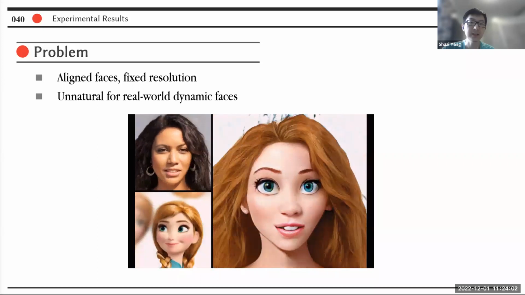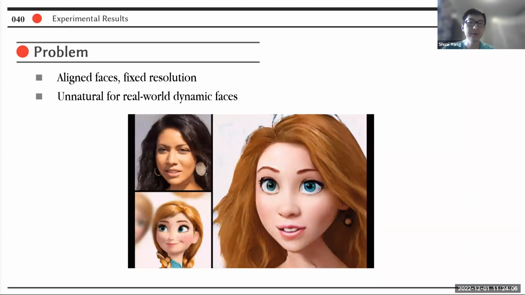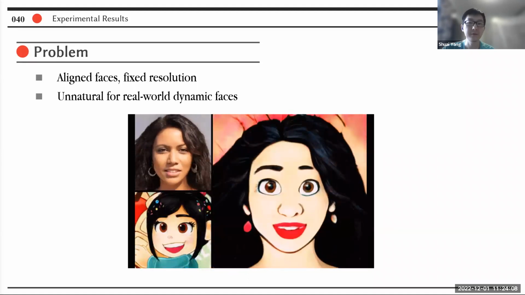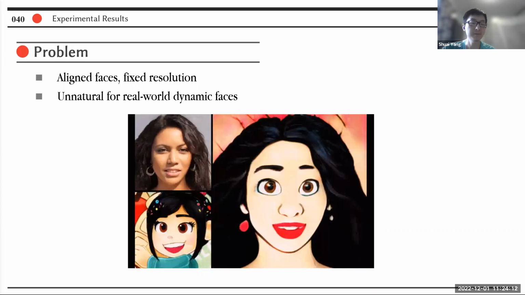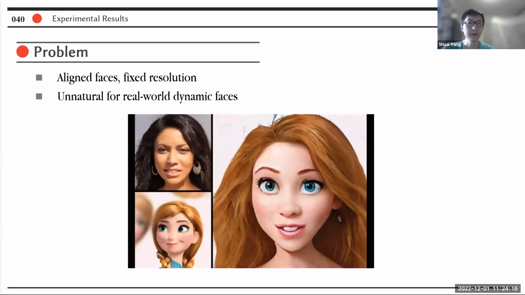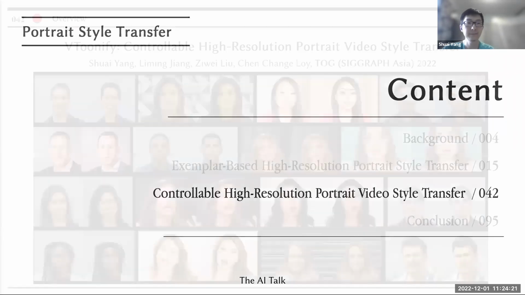This limitation is acceptable for a single image, but for videos, it will be unnatural if the face is always fixed in the center of the canvas. Next, let's look into how we solve this limitation with VToonify. Here is an overview performance of VToonify.